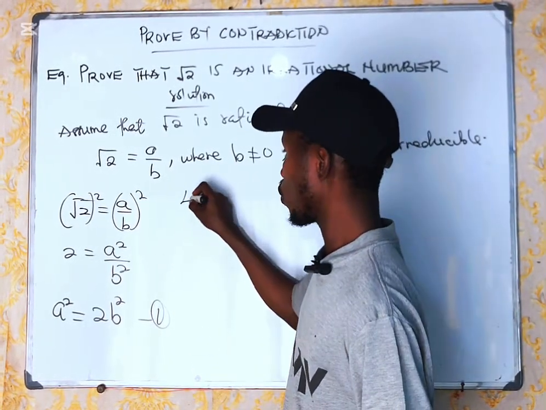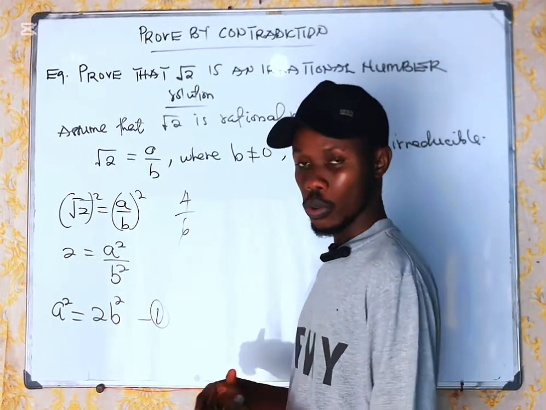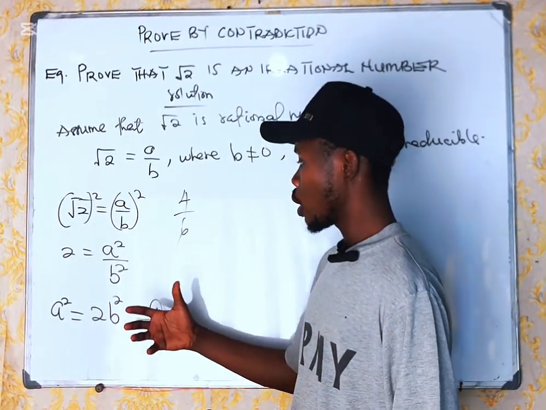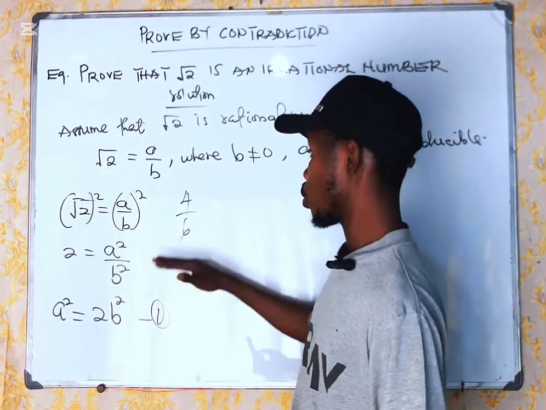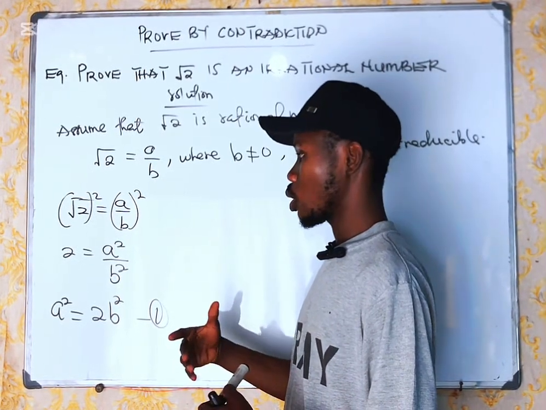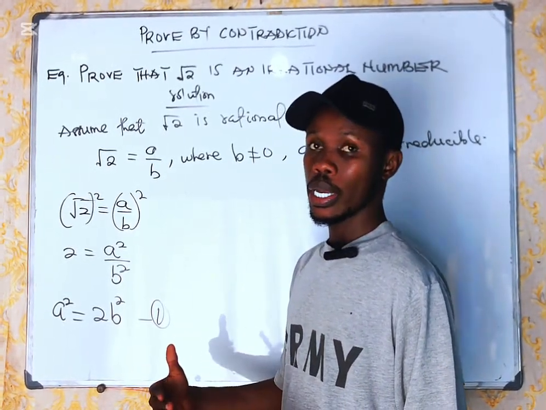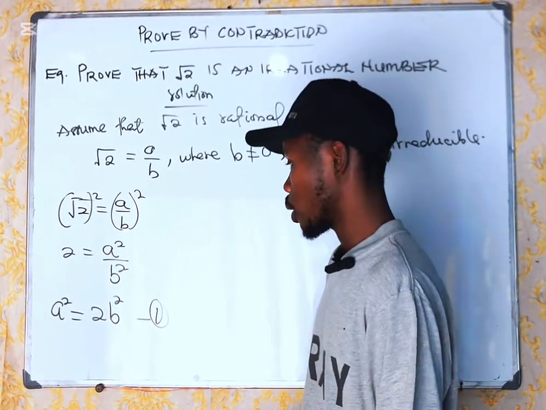Like if I have 4 over 6, these are two even numbers. This will have a common factor. So if I'm able to get a and b to be even numbers, then I'm good to go, because per what I said, a and b is not reducible. But if I'm able to do it in such a way that it will be reducible, then I'm good to go. So let's see.